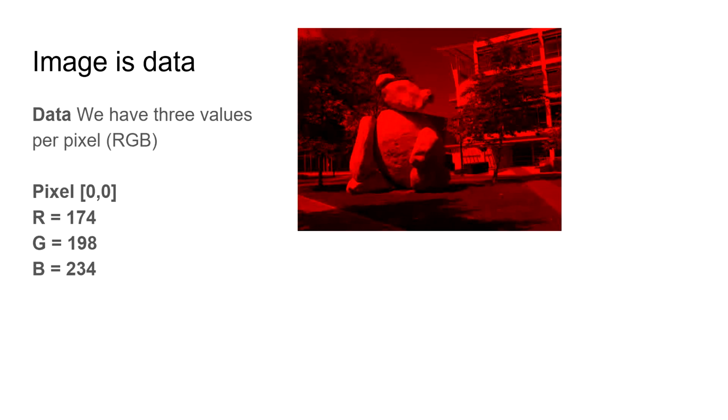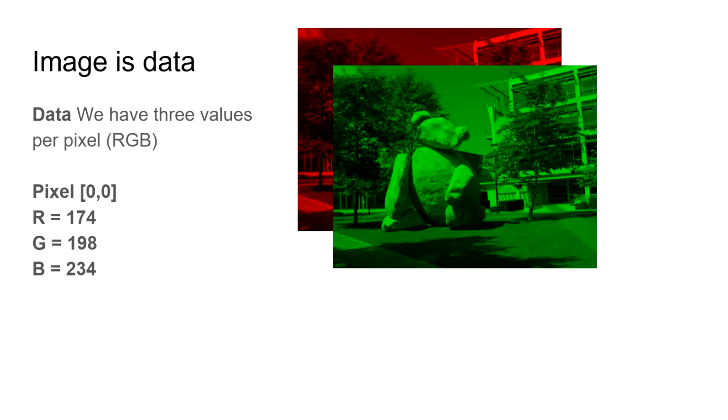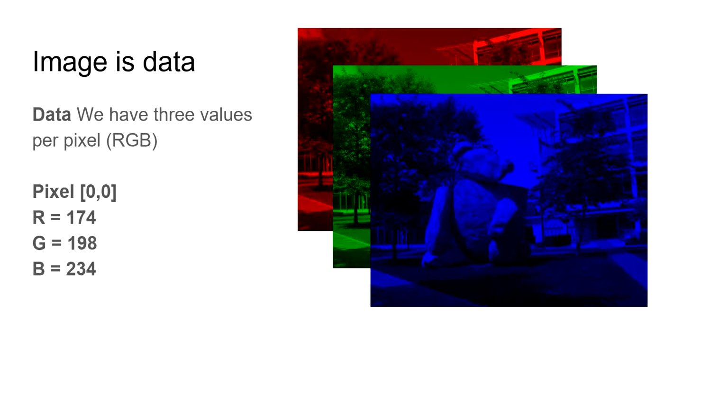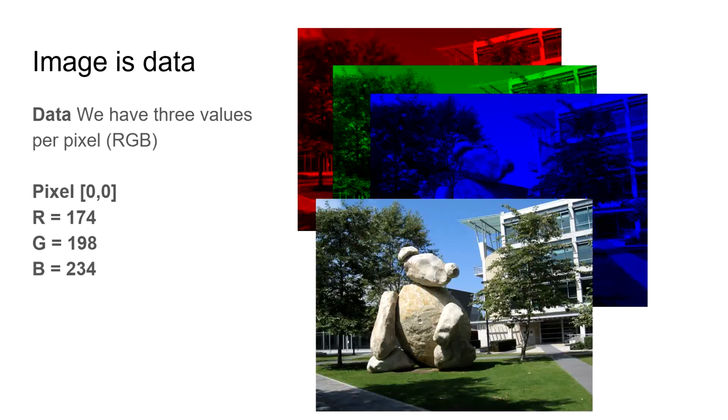In the upper left pixel 0,0, we have an R, a G, and a B value, a red, a green, and a blue. What I'm showing here is just the red image. This is the green image. And this is the blue image. Then when we stack all 3 of those up, we get back the original image, the image that we're looking for.